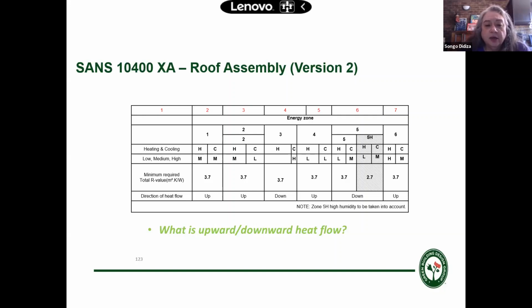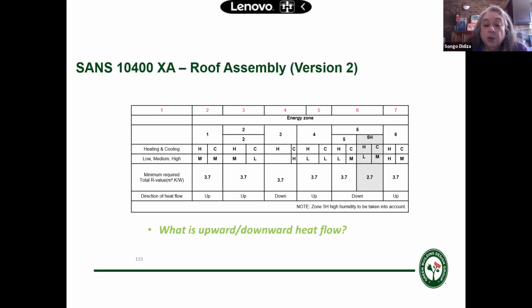So if you look at zones 1, 2, 4, and 6, you'll see that the main, the biggest use of energy is heating energy. So it's the heat inside the building going up. If you look at zones 3, 5, and 5H, which is your zone, the biggest energy requirement is cooling energy.